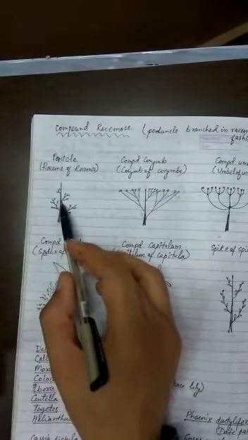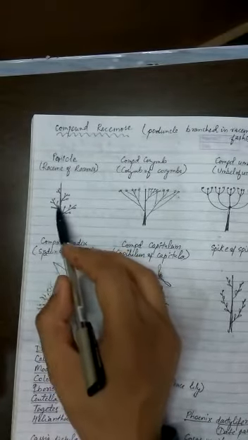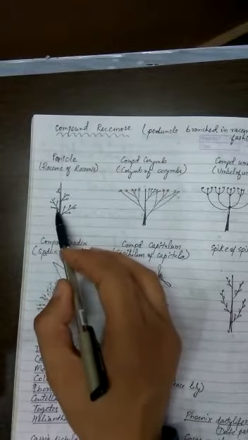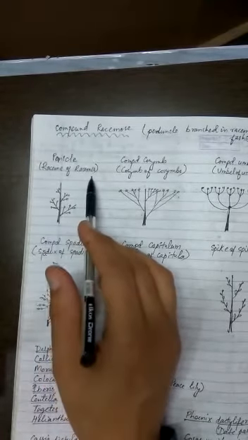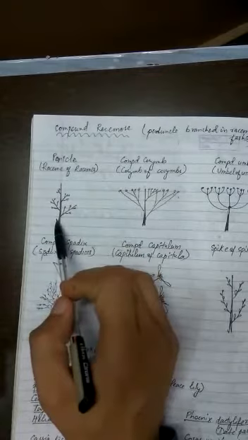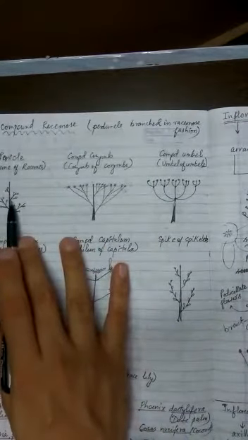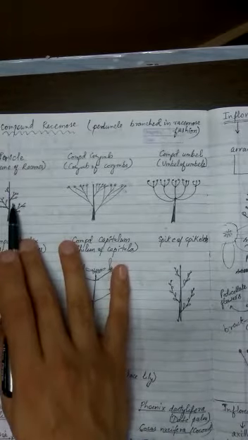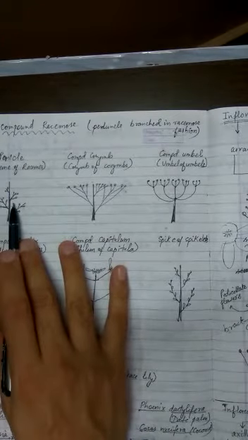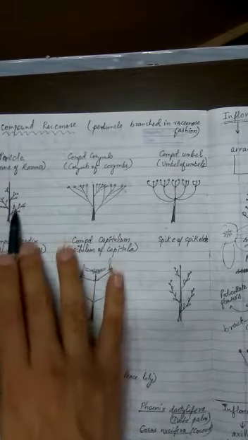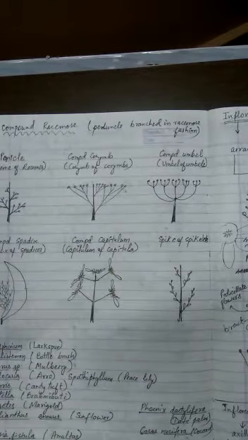These branches will have racemes present on them. So that's why it is called compound raceme or raceme of racemes. Panicle is found in gulmohar, which I have told you in the last class, the Delonix regia. Amaltas also. Amaltas is Indian laburnum or golden shower tree.